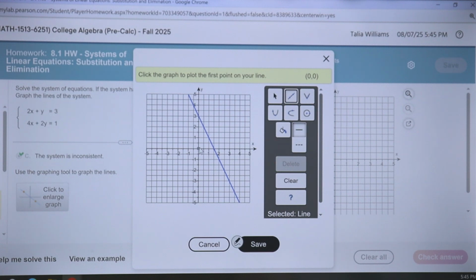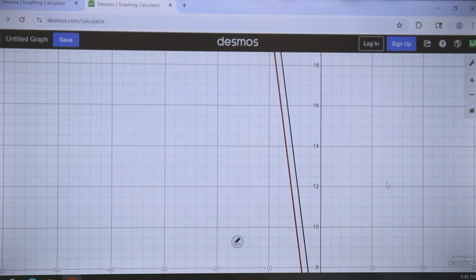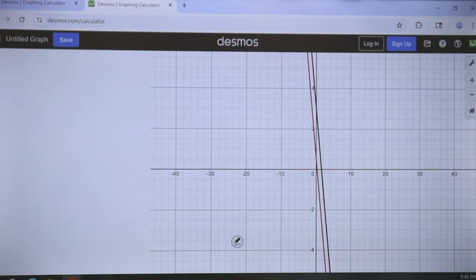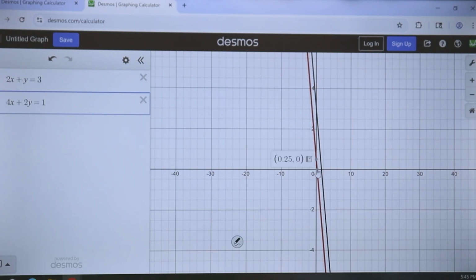I can graph my half, but I cannot graph the quarter. So what is it at 4? Because it doesn't go past 5. What is it at 5?